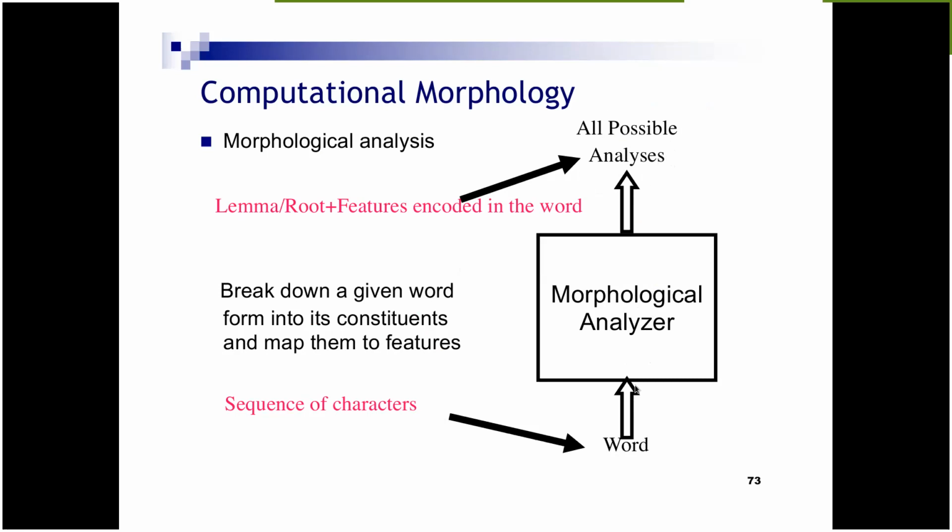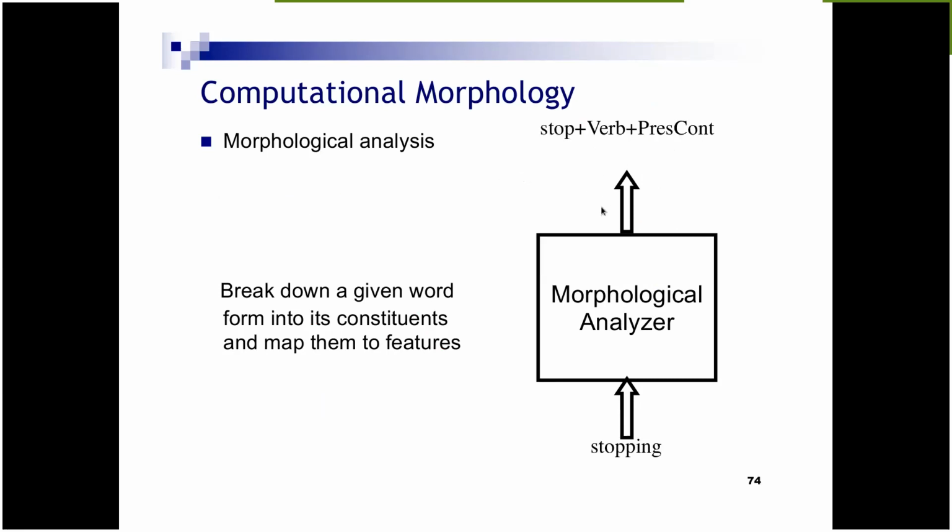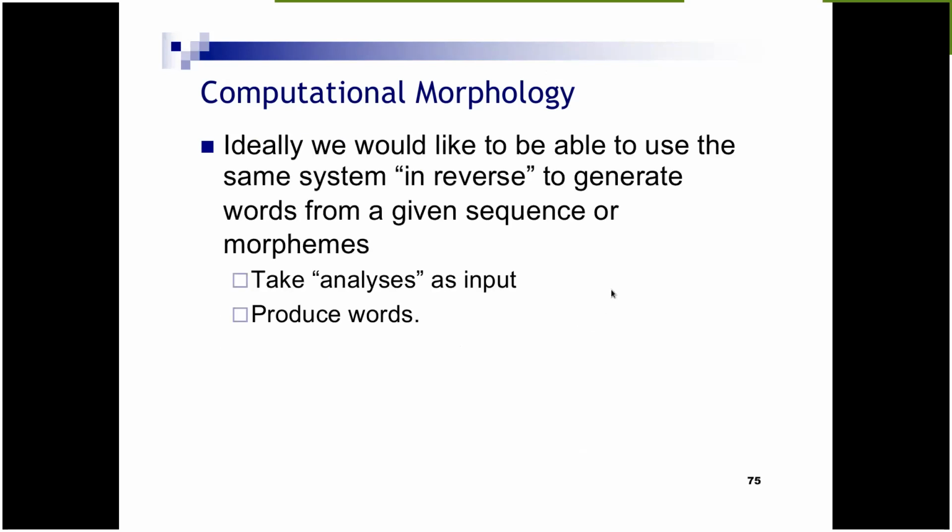So you give it the word, it gives you the root as well as the features of the word. So this was the example. You have the word stopping, you analyze it with the morphological analyzer, you get the stem stop, and then you get the information that it is a verb and it's in the present continuous tense. So this is morphological analysis.